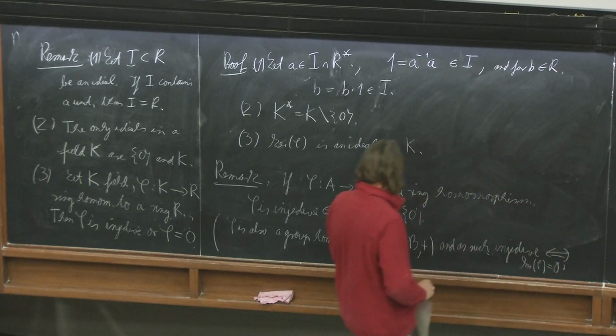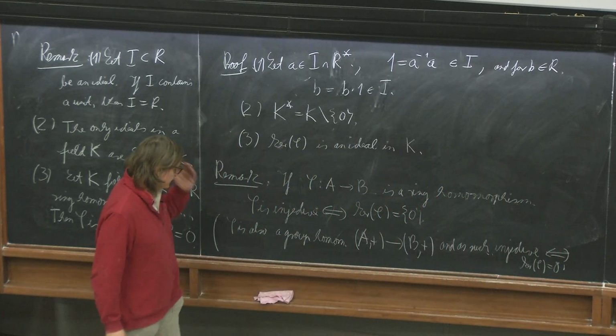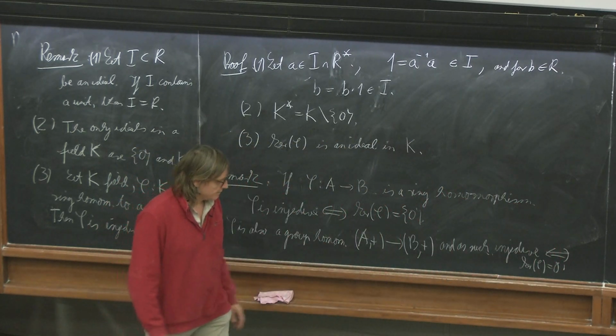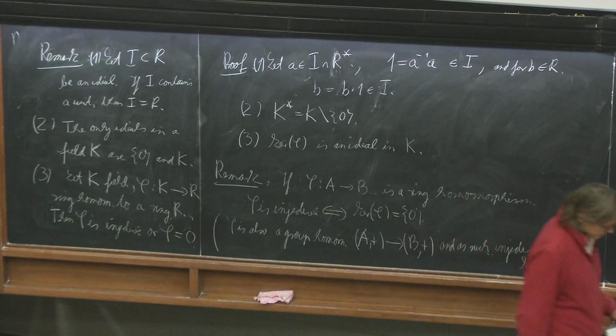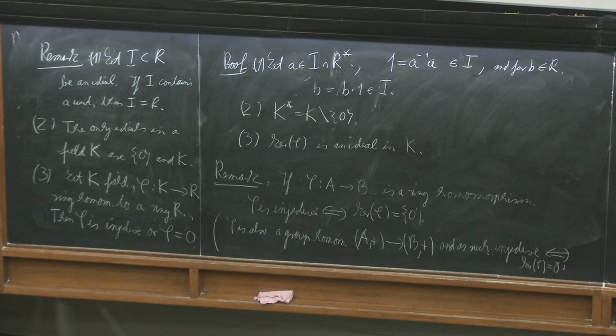And we had defined the kernel of phi as the inverse image of 0, which is precisely the same as the kernel of this map with addition. So that's also clear.